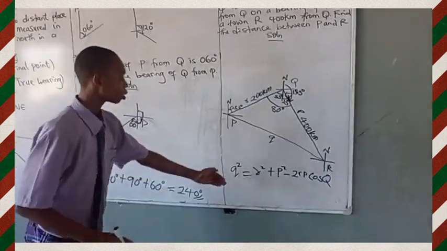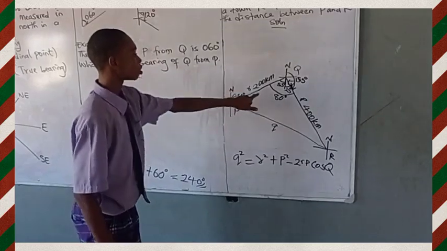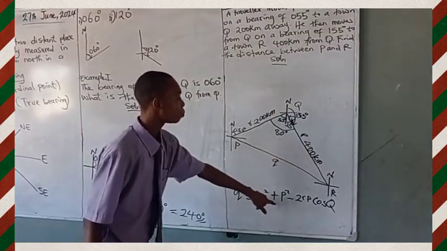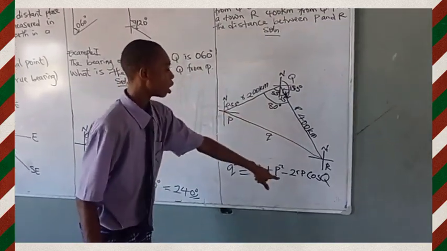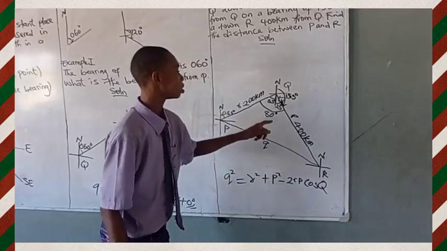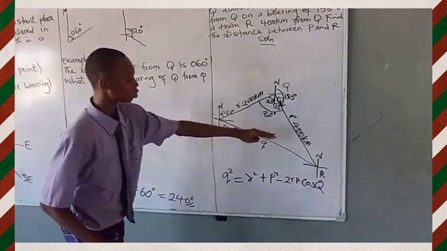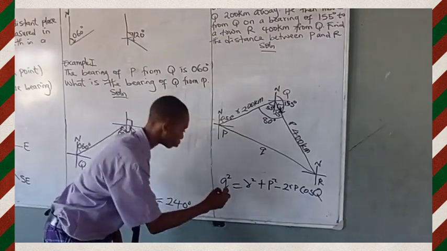Now we know that our q is the part we are looking for, which is PR. Our r is 200 kilometers, our p is 400 kilometers, and our Q is this angle 80 here.